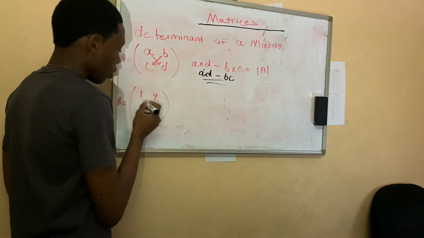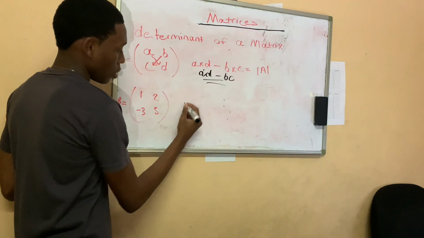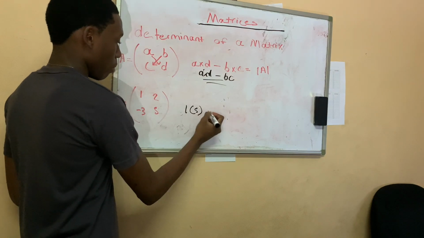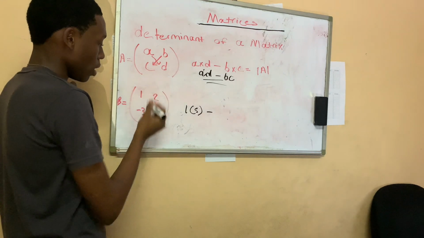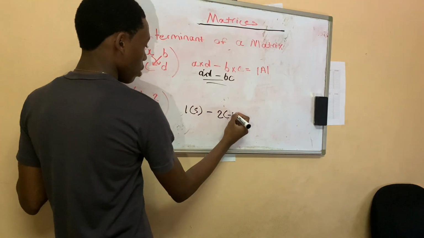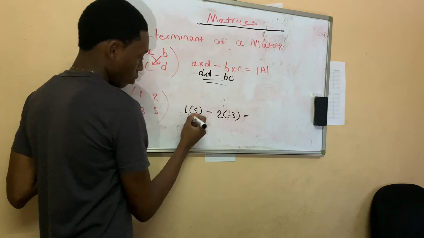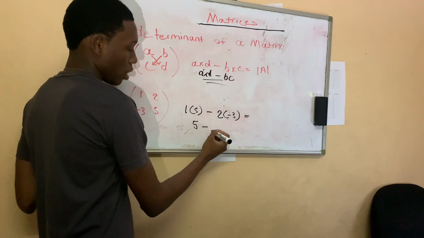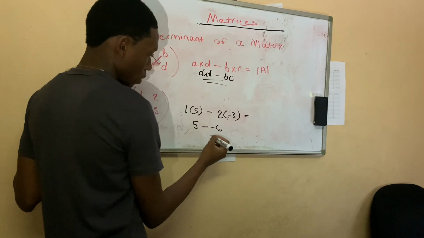So we're going to say the same thing, A times D, which is 1 times 5 here. So we'll say 1 times 5 minus 2 times negative 3, which is B times C again. So 2 times negative 3. Put that down. And then equal. So 1 times 5 gives 5, minus 2 times negative 3 gives you negative 6, right?